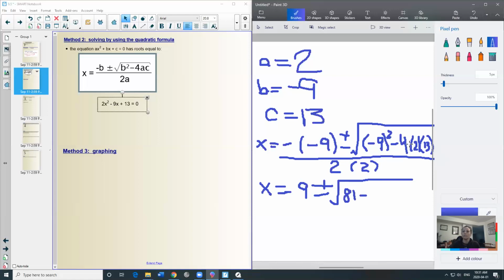And then I'm going to minus 4ac. 13 times 4 is 52. 52 times 2 is 104. And this is all over 4. Oh, this didn't go well.